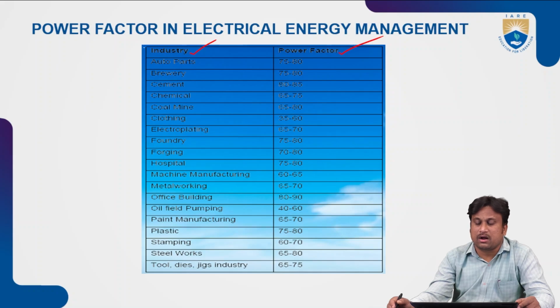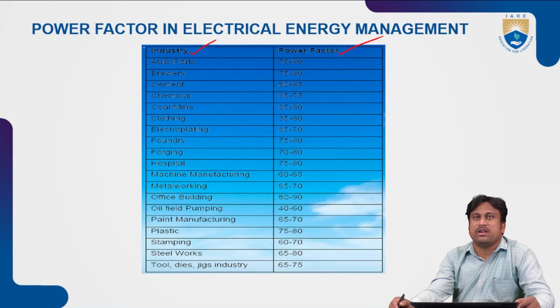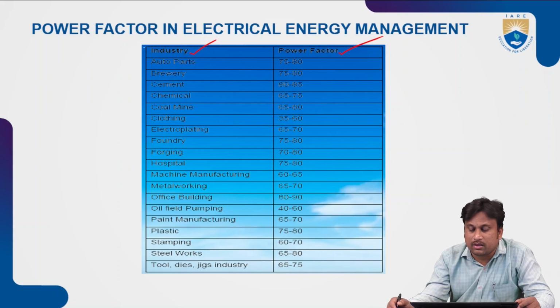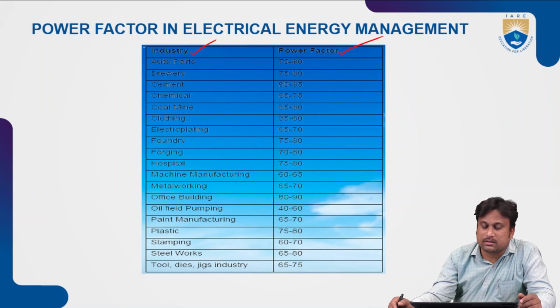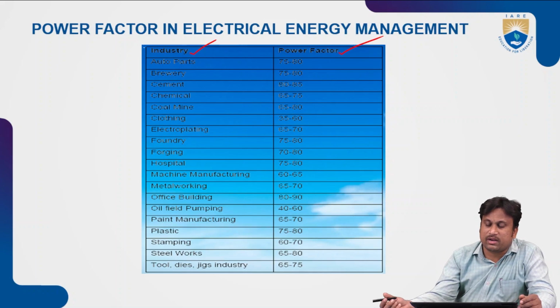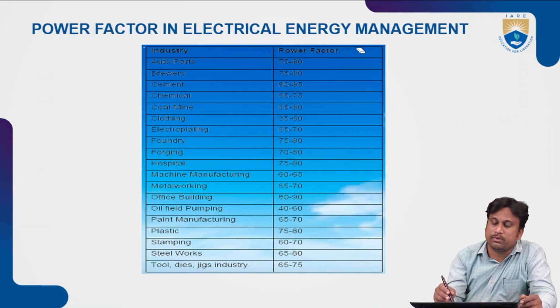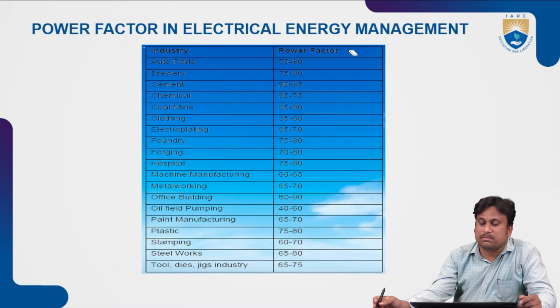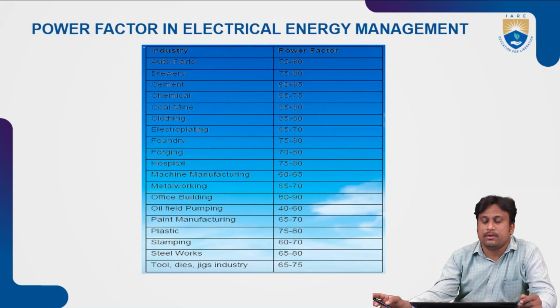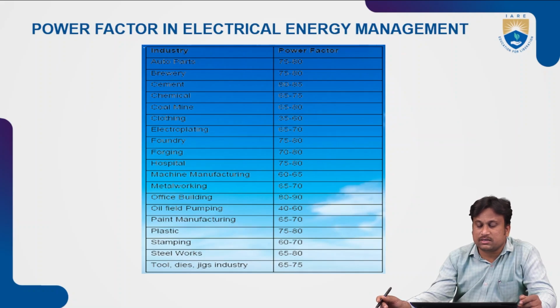Here the industry is listed and the power factor is considered with respect to that. For auto parts, it is about 75 to 80. For brewery experiments, 75 to 80. For the cement industry, 80 to 85. Chemical industries, about 65 to 75.